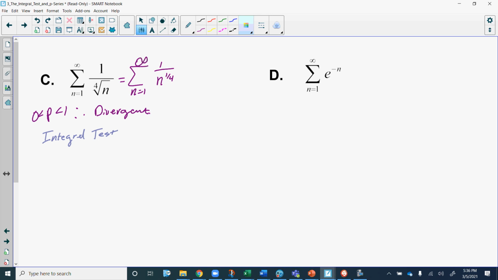So let's take a look at the integral test. I'm going to look at this in terms of a function.